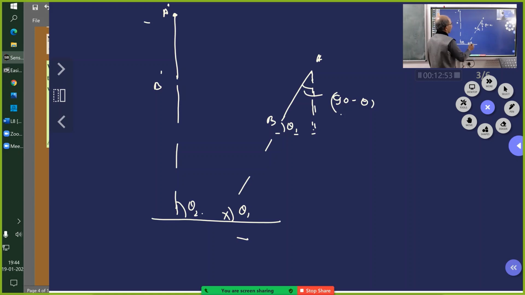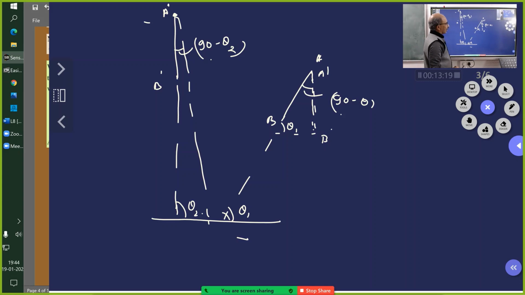So now this line has changed from AB to A dash B dash, and this angle is 90 minus θ2.